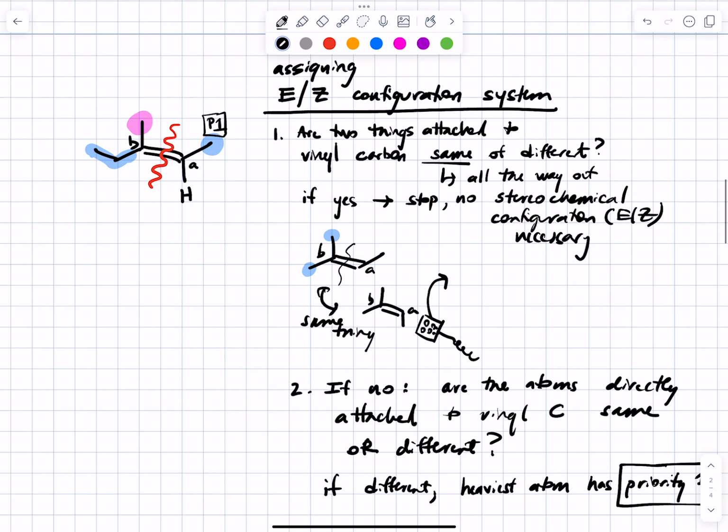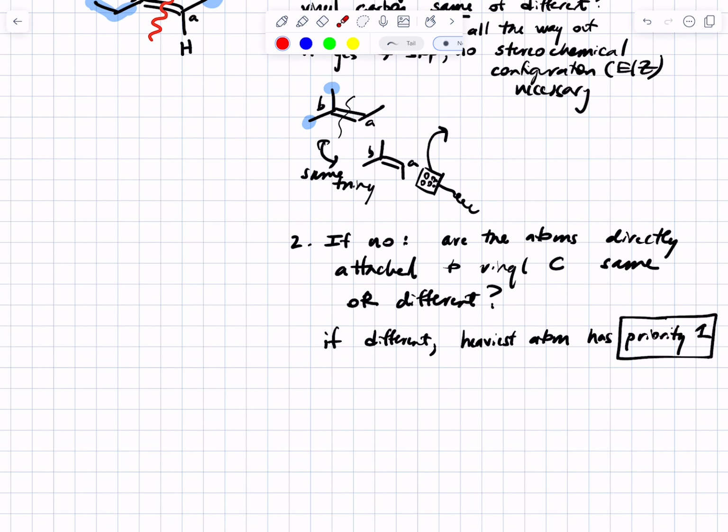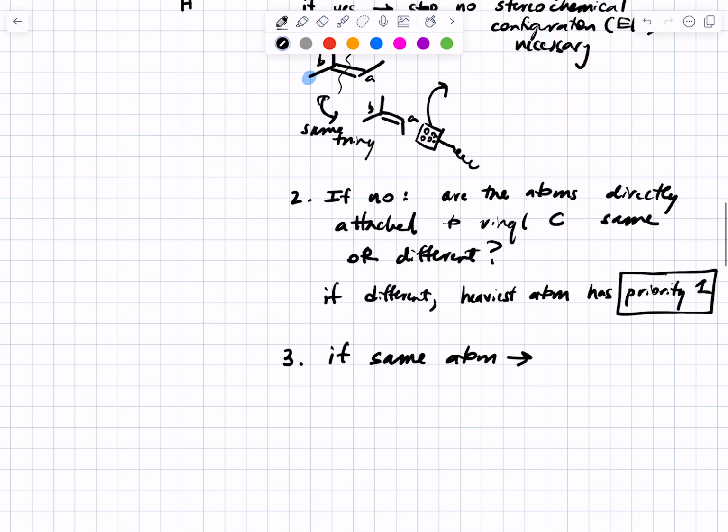Okay. So for carbon A, it's easy. For vinyl carbon B, you look at this group here and this group there, and they are both carbon. So if they are the same atom, then you ask, what is each atom bonded to?